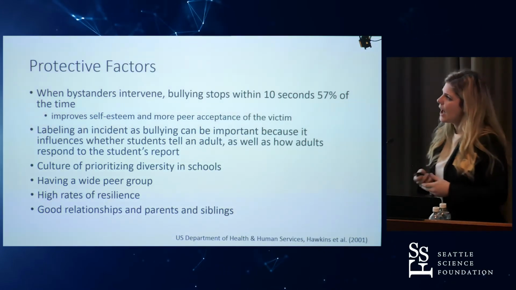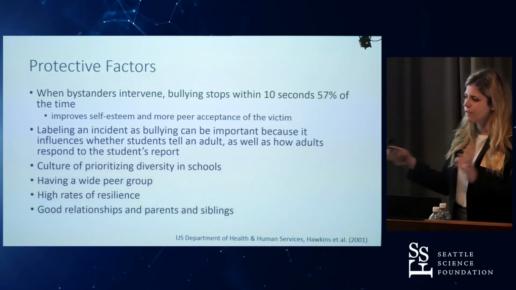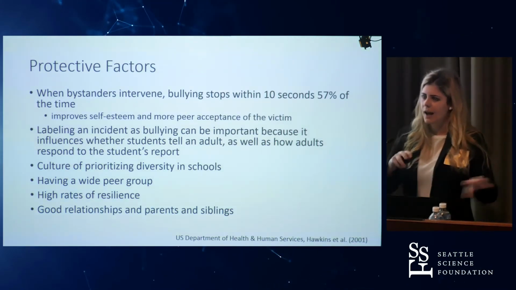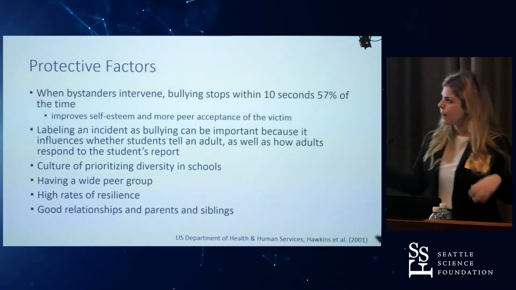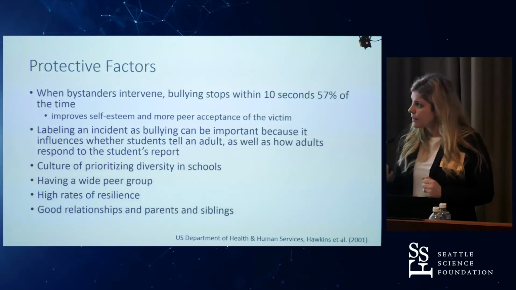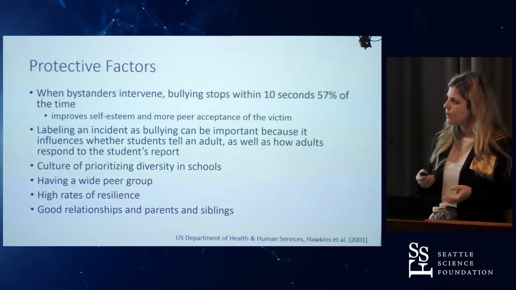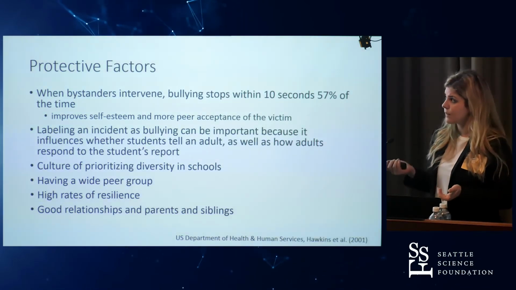Having a really wide peer group can be a protective factor, so not just having one small group of friends, but really having the ability to befriend kids in other groups as well. Good peer and parenting relationships, a culture that prioritizes diversity in schools, and then high rates of resilience.